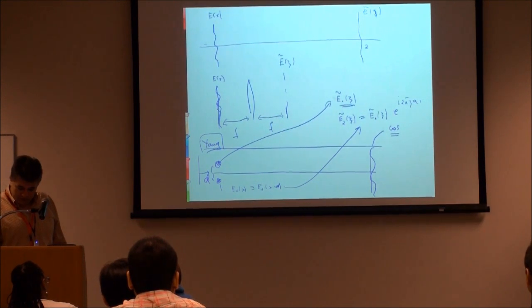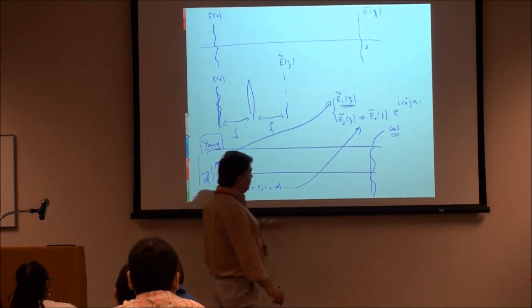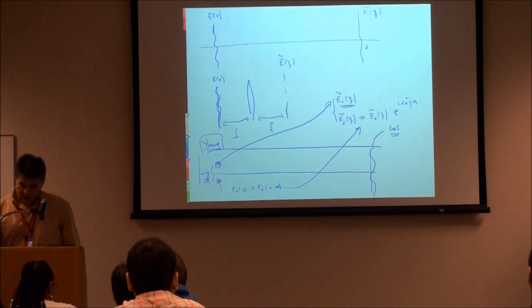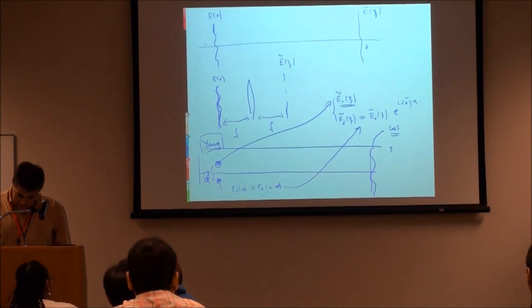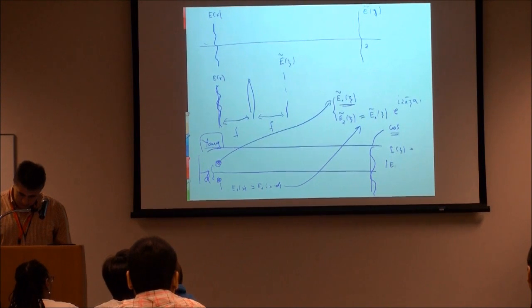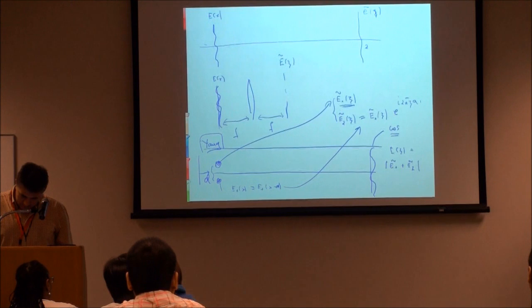So how is the cosine coming out of this? Well, in far field we only measure intensities, right? And what is the intensity? Well, the intensity as a function of psi is the modulus squared of U1 tilde plus U2 tilde, modulus squared.